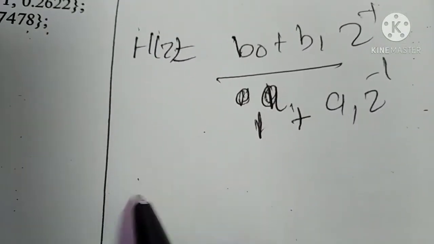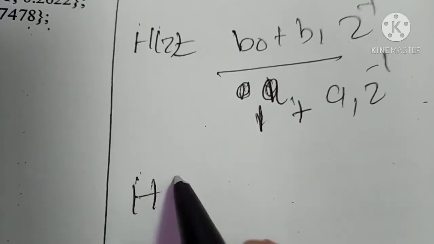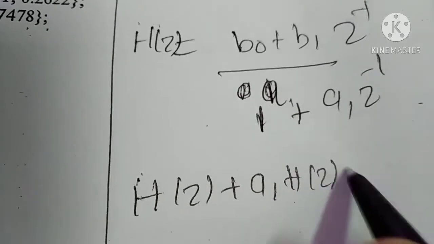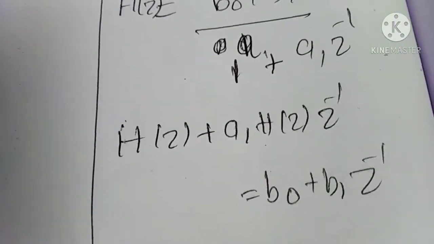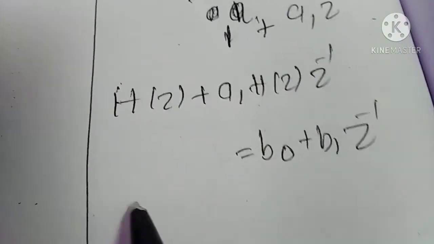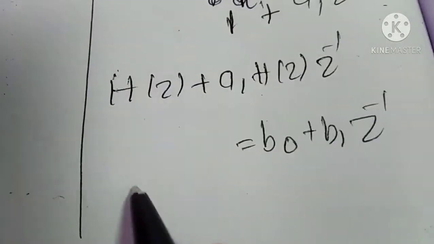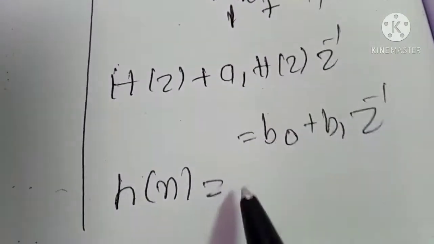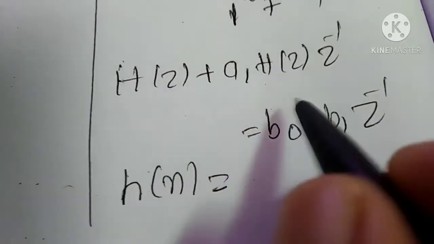If I multiply, it looks like H of z plus a1 into H of z times z inverse is equal to b0 plus b1 into z inverse. So if I take the inverse z transform, it looks like this. H of n is equal to, if I send those terms to that side.